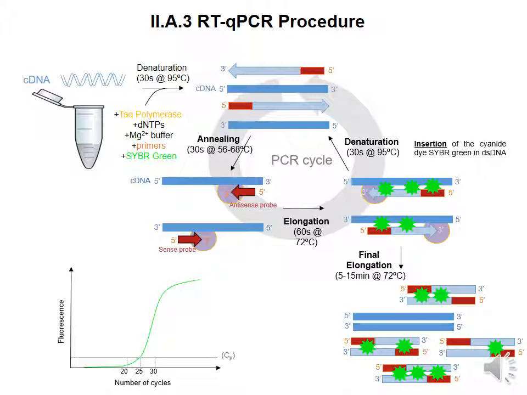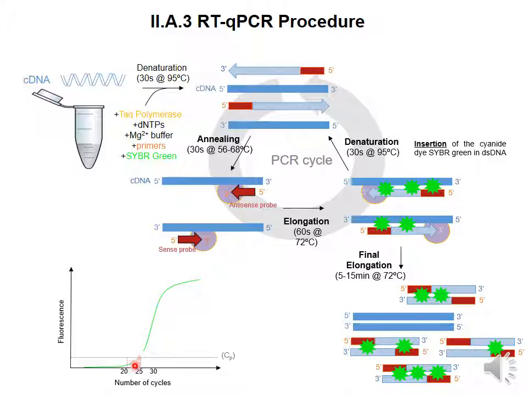Now, to quantify the amount of cDNA that we had, we use the CP, or crossing point PCR cycle, which is actually the PCR cycle at which the fluorescence achieves a threshold above the baseline. The CP corresponds to the cycle at which a statistically significant increase in fluorescence is first detected.